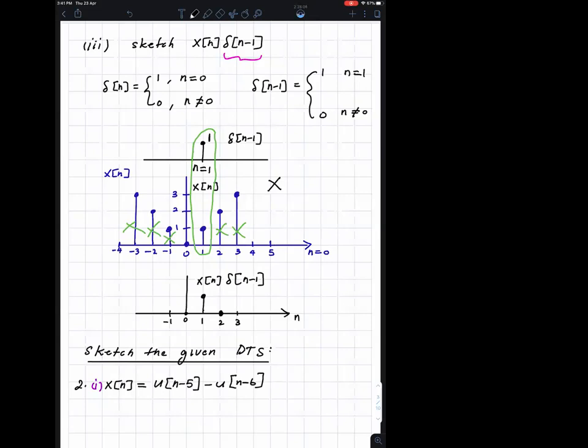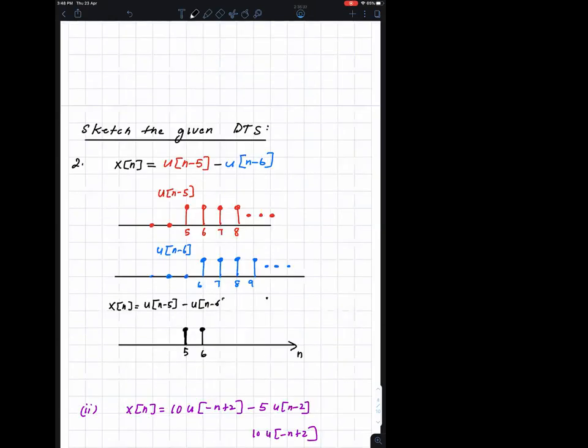Which is equal to, for example, in this case, when x is 1, you put 1 here. And what is the value of x when n equals 1? It's simply 1. Okay, that's 1 right here. You see what you get?